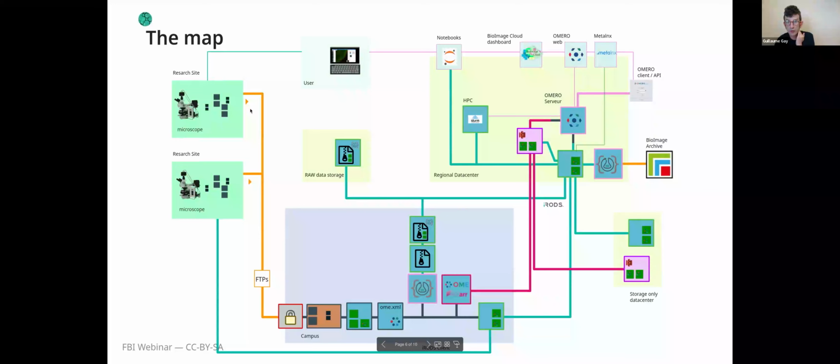So you get the data into FTP, into the local campus buffer collection service, and then your data gets federated and imported into OMERO. That's one route. What we hope is we'll have many routes available in the next few months, as you'll see in a moment. So yeah, that's the essence of the service.